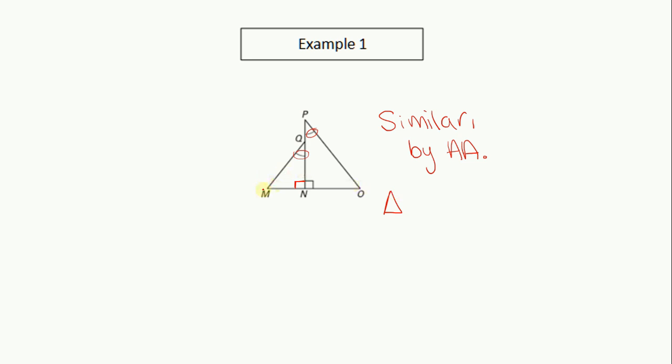I'm going to start with MQN. MQN is similar to triangle, so in MQN, it looks like I need to go OPN. If I go one motion in the triangles, I have to do the same motion on the other one. So I'm making sure that I'm running through it correctly.